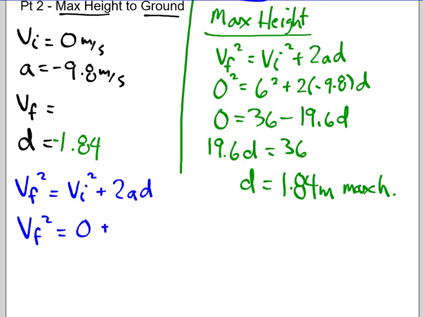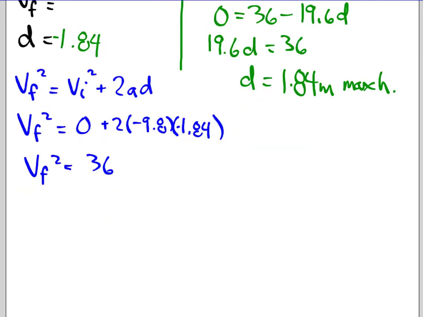Okay, so plus 2 times negative 9.8 times 1.84, which is also a negative. And then if we multiply all that out, not a great big surprise here. And I'm going to put the negative on there because I know it's down.